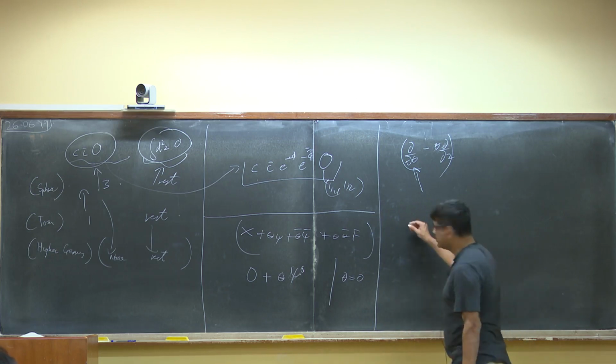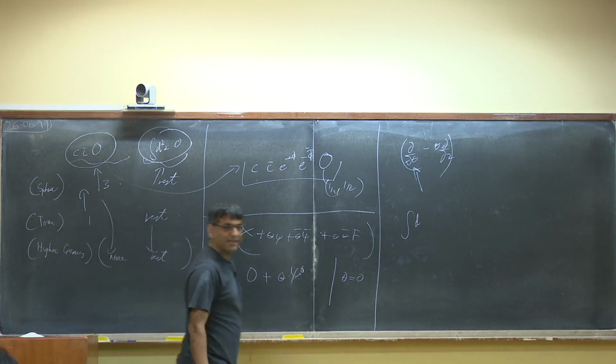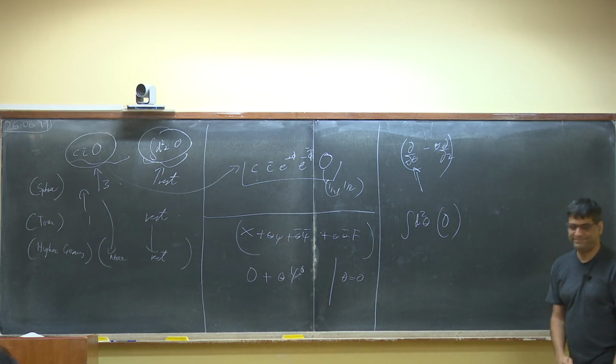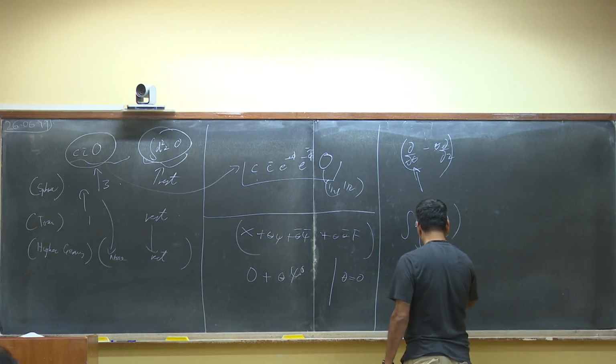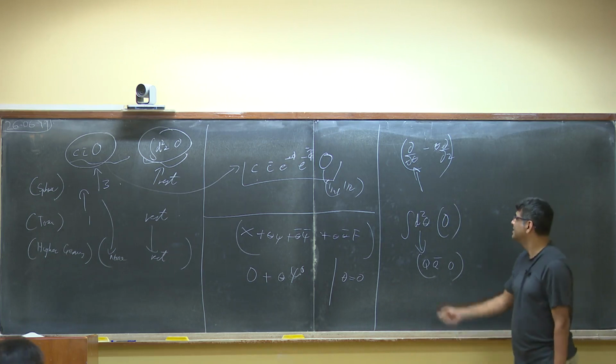So suppose we thought that the analog of this in our minds is d2 theta of O. That is the same thing as Q and Q bar acting on O.